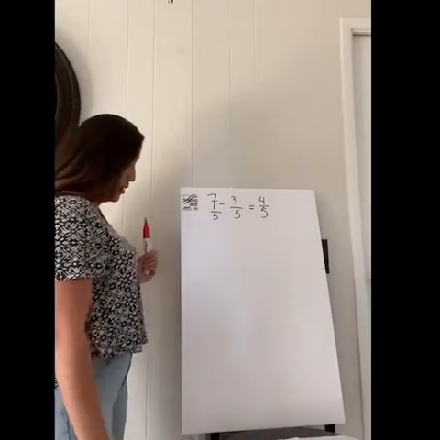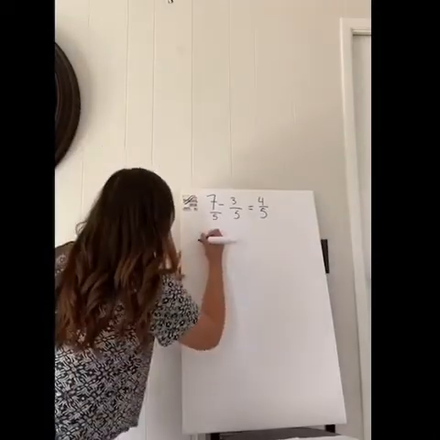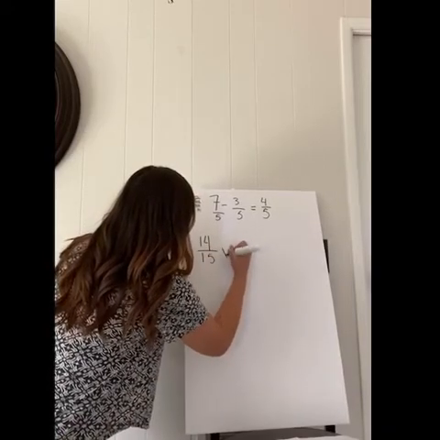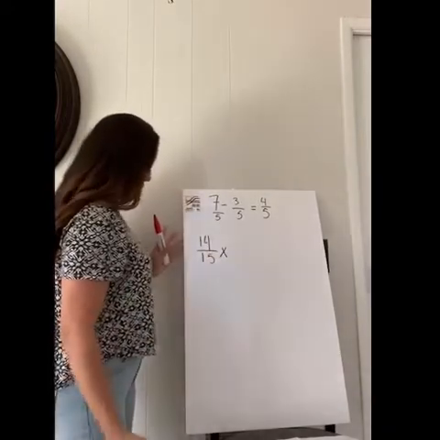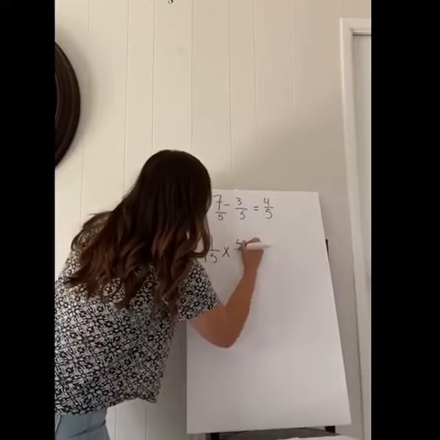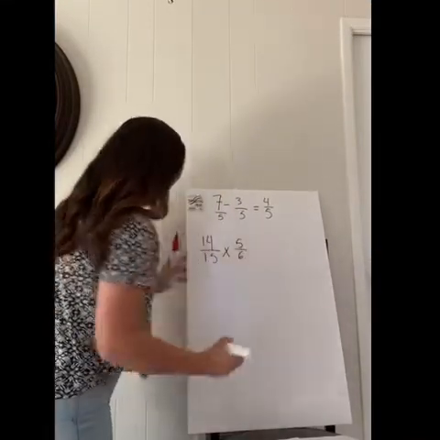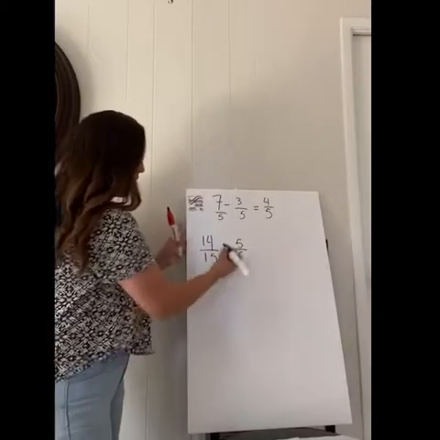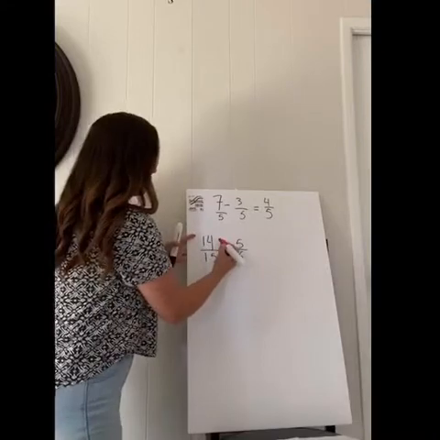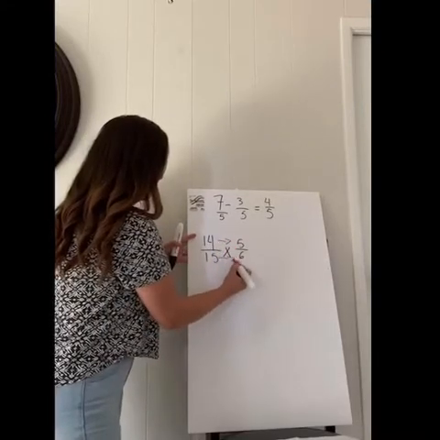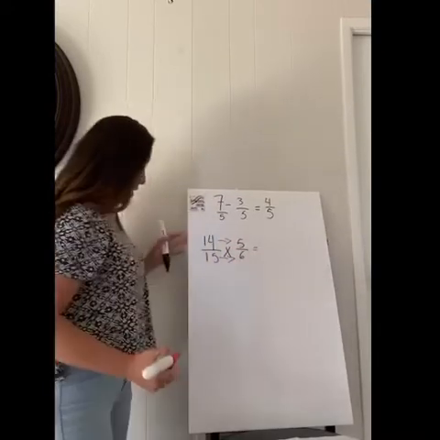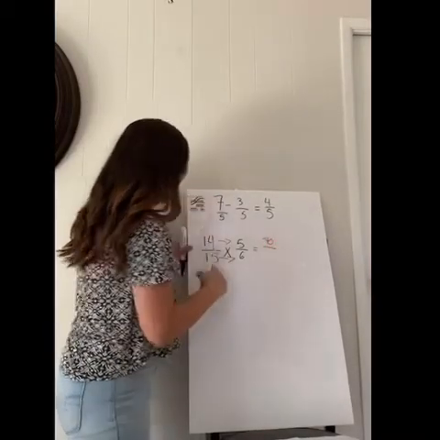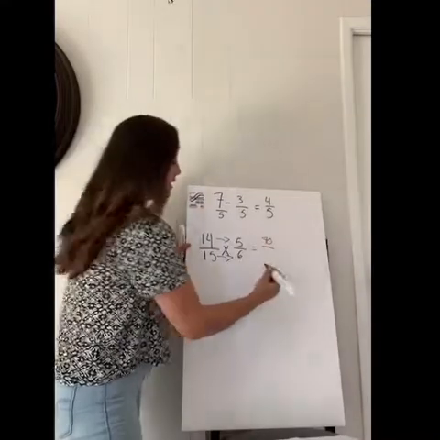So if we get into multiplying, let's say I have 14/15 multiplied by 5/6. So for multiplication, you would just multiply across. So 14 times 5 is 70, and 15 times 6 is 90.